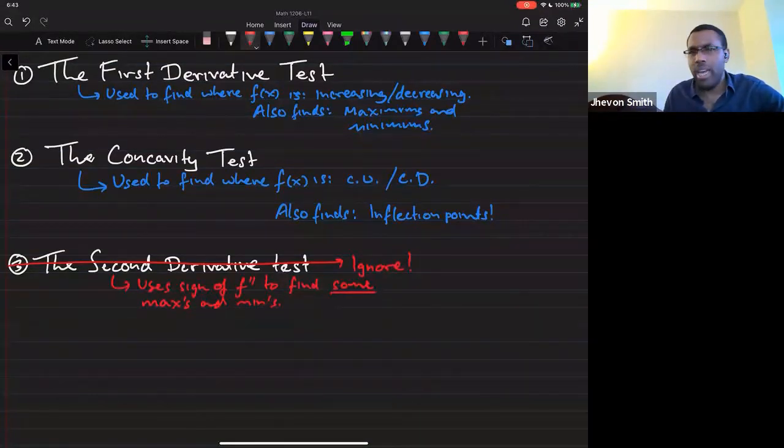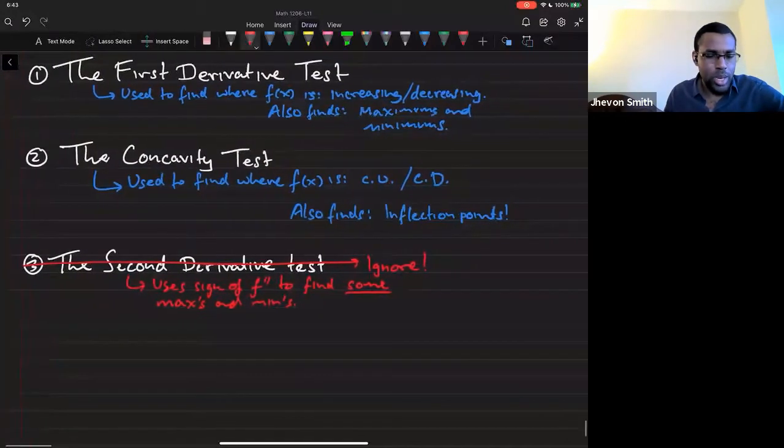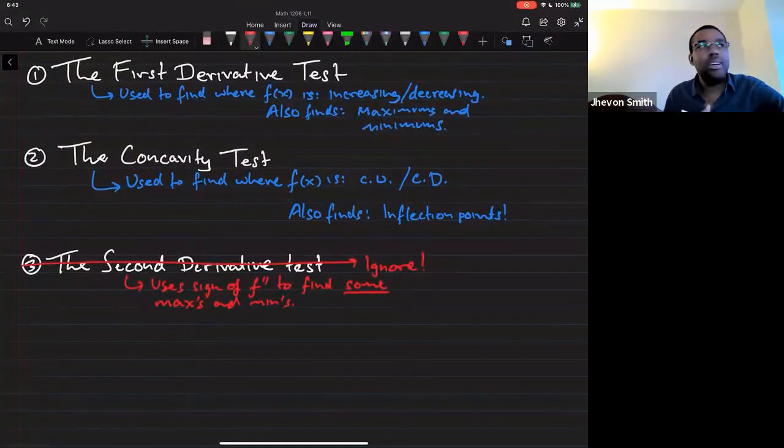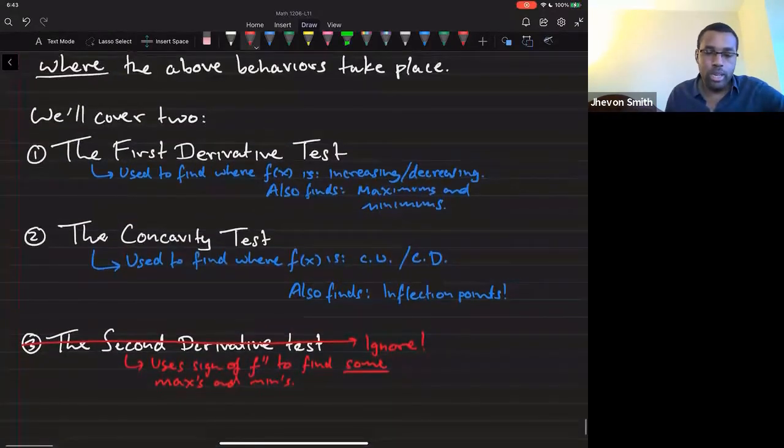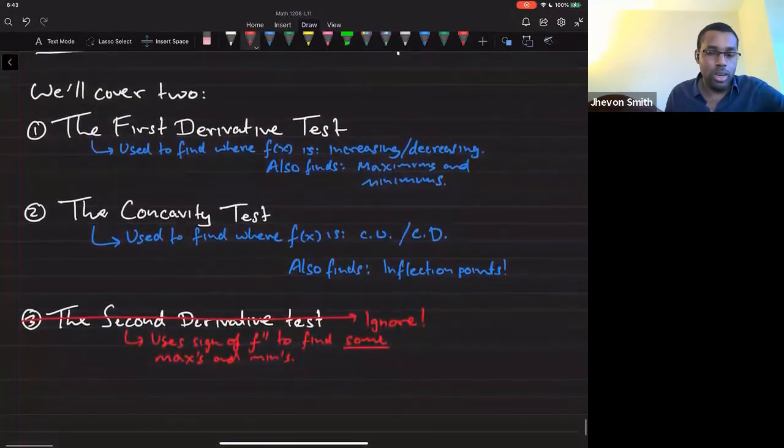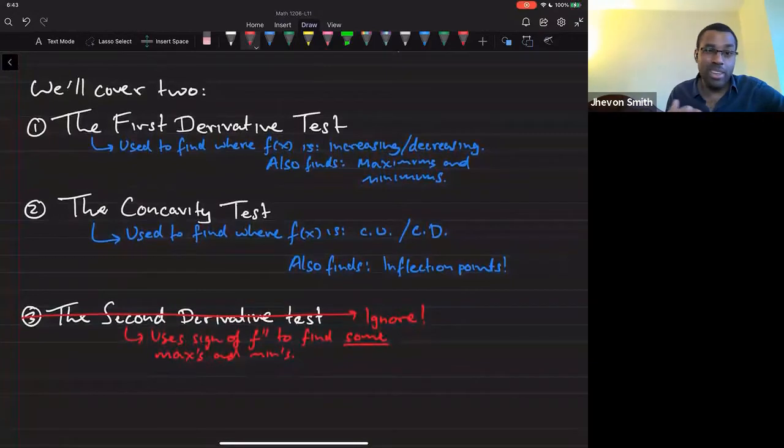But your derivative has to be well behaved there. If your derivative does not exist, you can run into issues and you can't really use this test. Whereas the first derivative test, you can use even if your derivative doesn't exist. So it's a pretty comprehensive test, and it covers everything and more that the second derivative test does. So I'm just going to have you focus on the first derivative test, and skip the second derivative test.